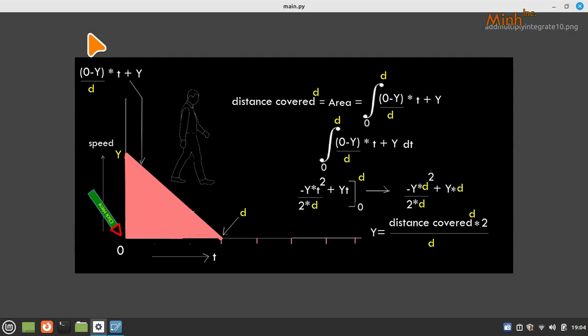Then 2 hours means d equals 2. Then y is the initial speed. At what speed does he have to start so that after d hours he'll come to rest and enter the home? So, if that is the scenario, can we see this is the equation of a line?